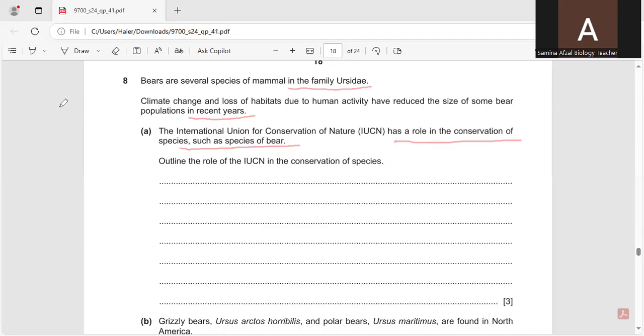So the information in the Red List is available to government planners, conservationists, and environmentalists around the world. So in this way, the IUCN plays a role in the conservation of species. So we are going to write about this in 3 points, with all this information which I have told you.